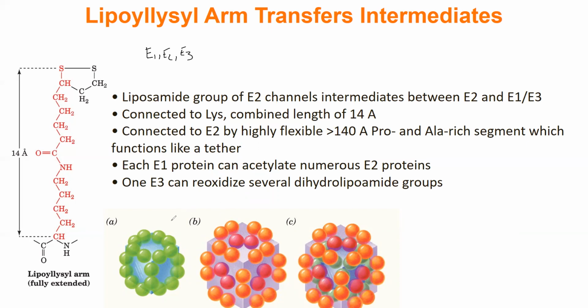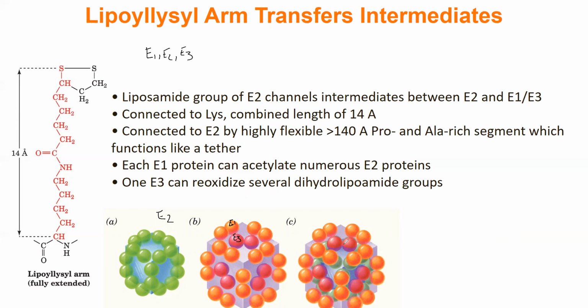That's what's being shown here in the pictures. These greens are E2, I believe, this is E1, and I believe that's E3. So you have this giant multi-protein complex where all the enzymes are right next to each other.